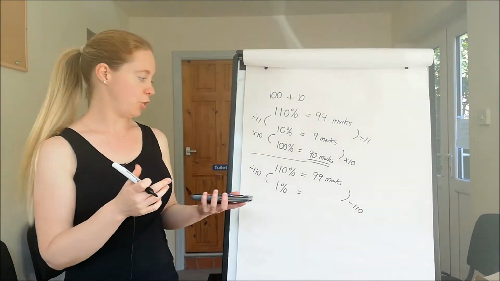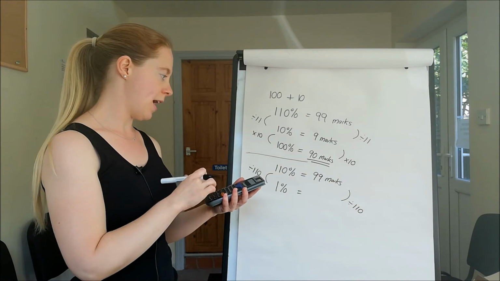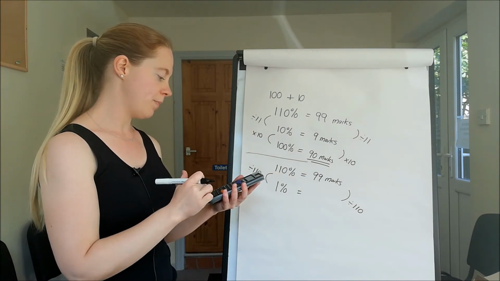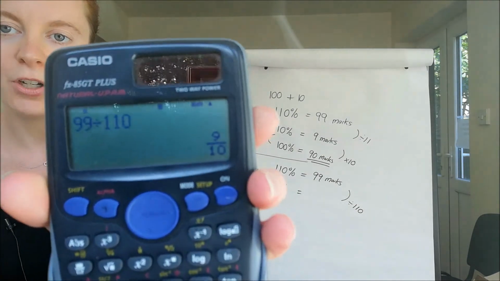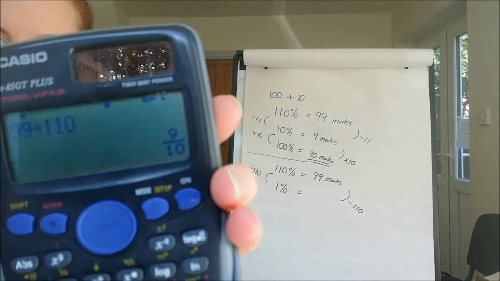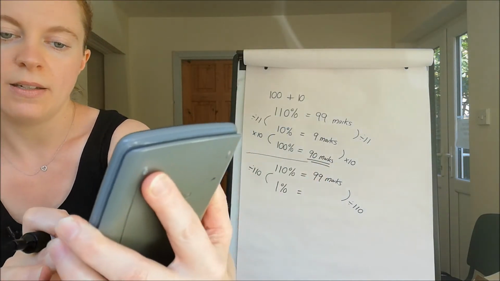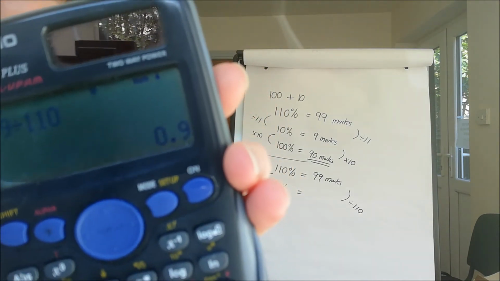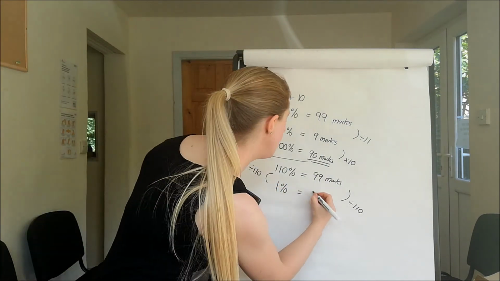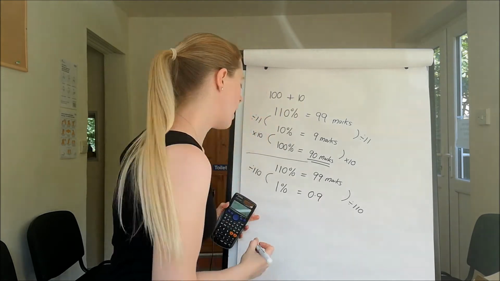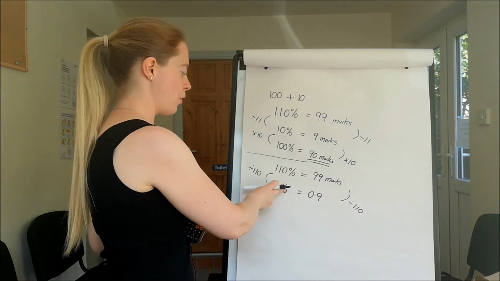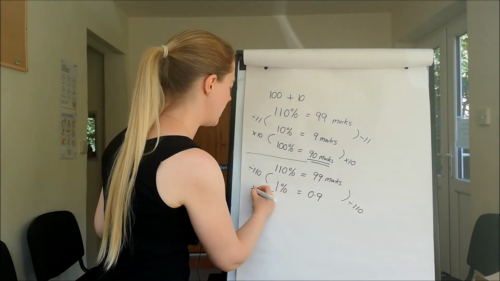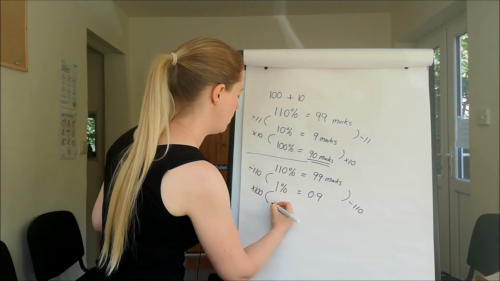So you would literally just put into your calculator 99 divided by 110. And again, on my calculator, it pops up a fraction like that. So I would just press the S to D button to give me a decimal, which would be 0.9. And then to get from 1% to 100%, we times by 100.